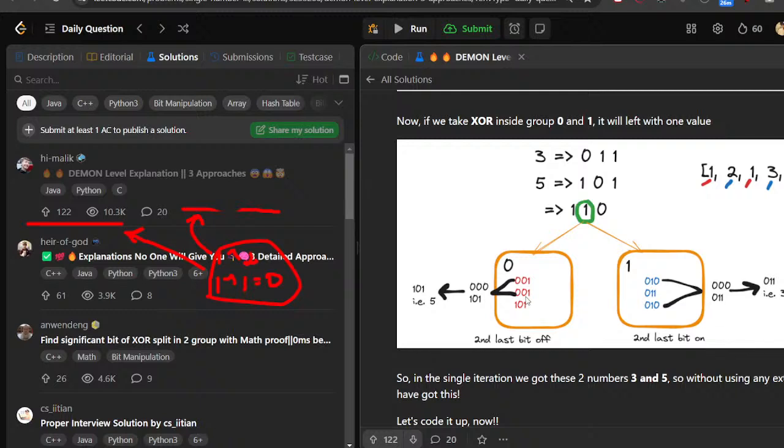So what we will do is brute force. No, optimal. Let's first write brute force, which is two pointer, which will give us O of n square.